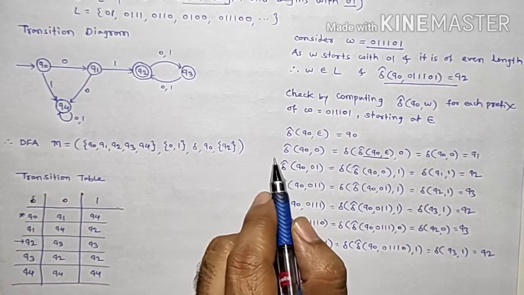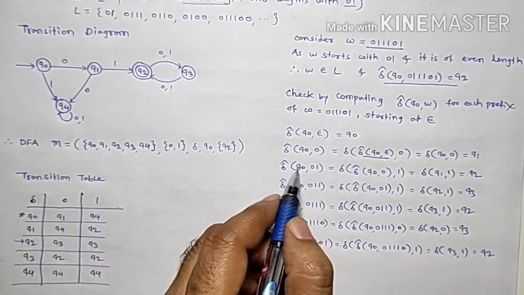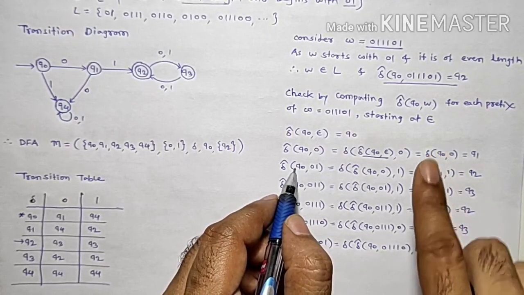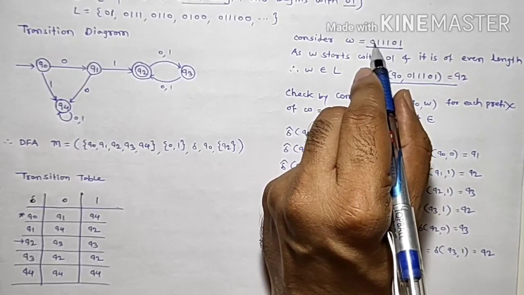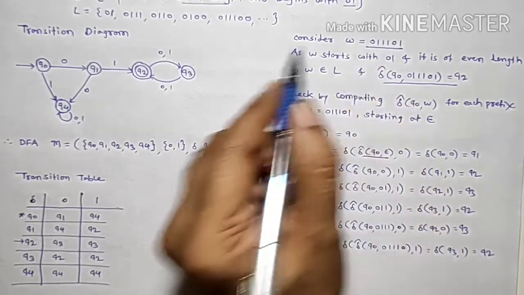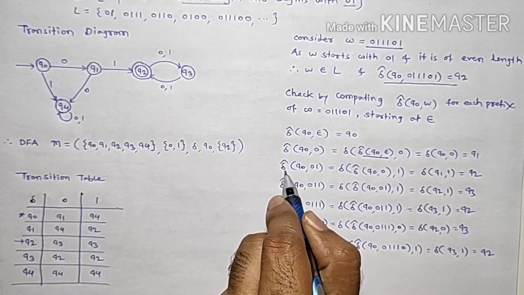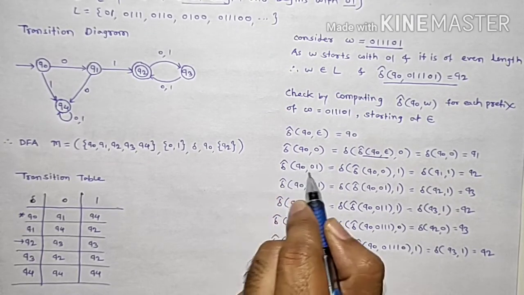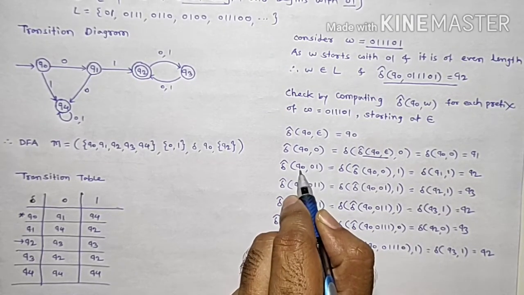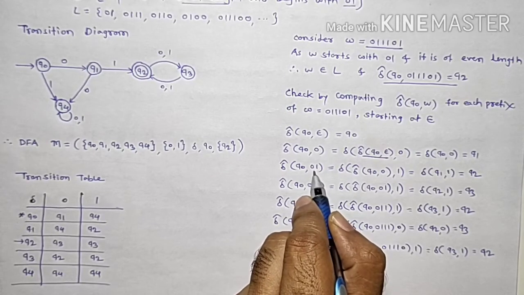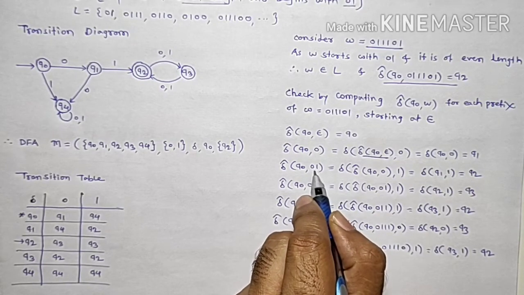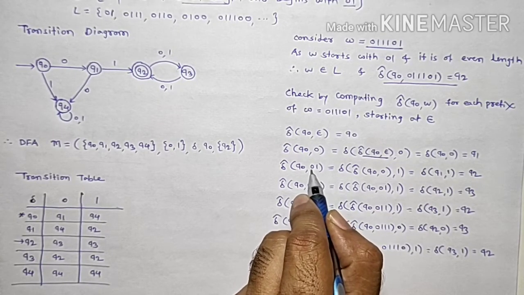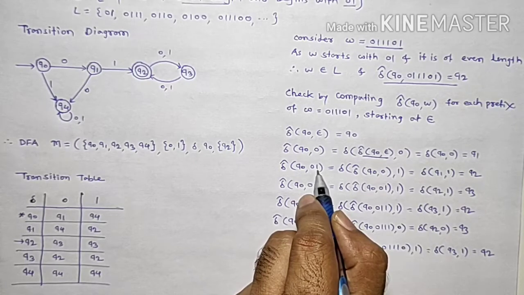Now we increase the prefix by one, so the next prefix is 0 1. Again we compute the extended transition function delta cap of q0 on 0 1, and break it into x and a, where x corresponds to 0 and a corresponds to 1.